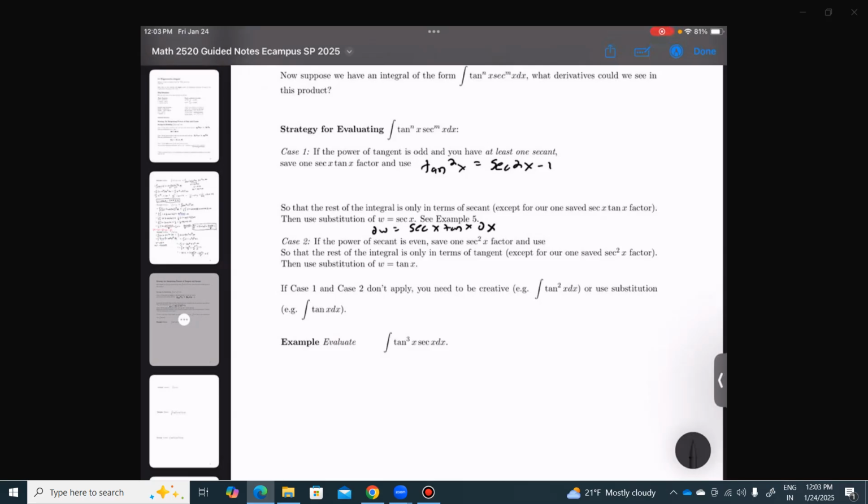In case 2, if the power of secant is even, then we save a secant squared factor and use secant squared x equaling tangent squared x plus 1.